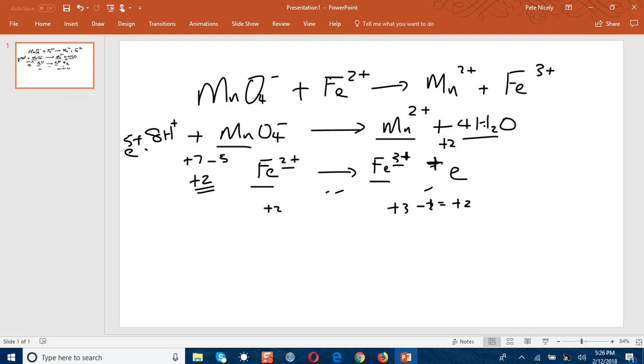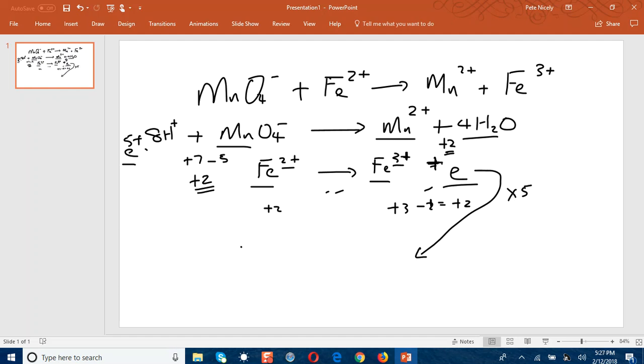So we have +2 on this side, +2 on that side, so the charges are balanced for the first half equation. Now, what I would do next is to ensure that the number of electrons lost is equal to the number of electrons gained. So in this particular case, all I would do is simply multiply this equation by 5.